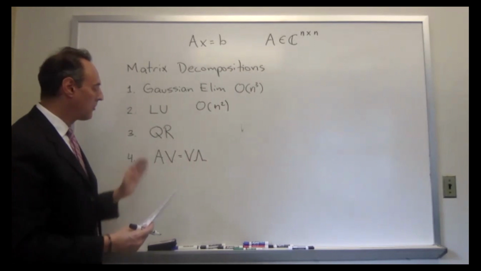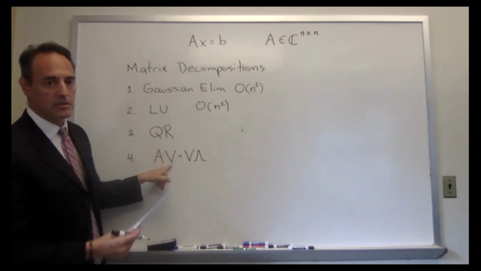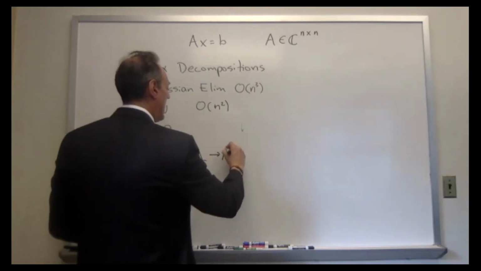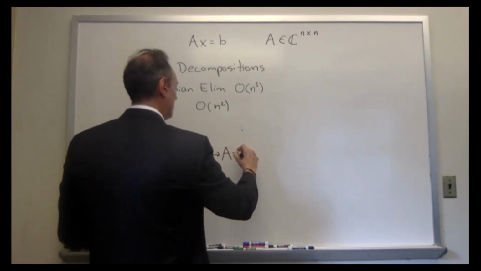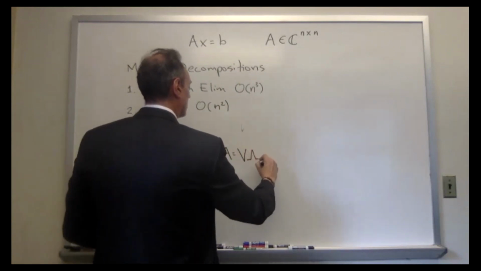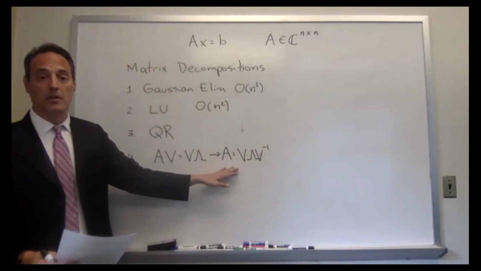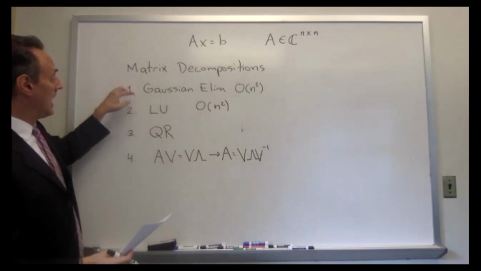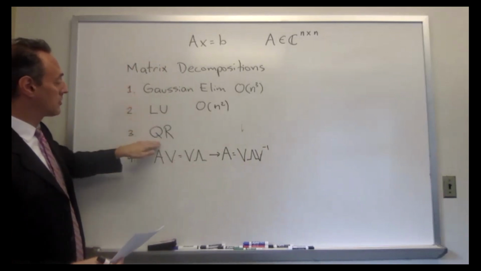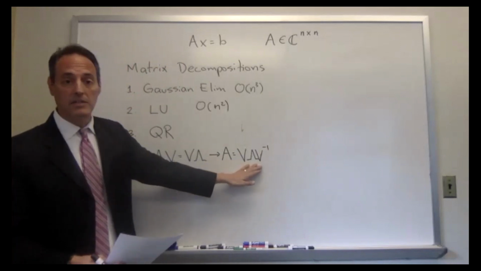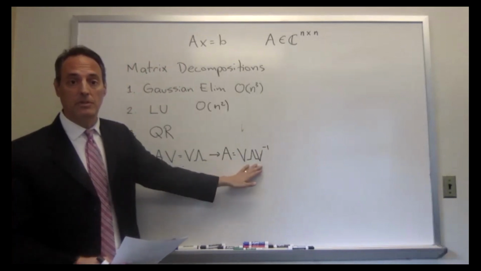What I'm going to do is multiply both sides by the inverse of V. So what this tells you is that A is equal to V times the diagonal matrix times V inverse. That's the decomposition. Notice the difference. LU is 2 matrices, QR is 2 matrices, and now this eigenvalue decomposition breaks it down into 3 matrices.